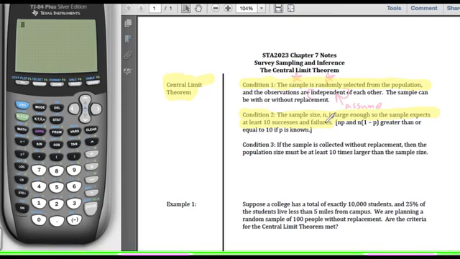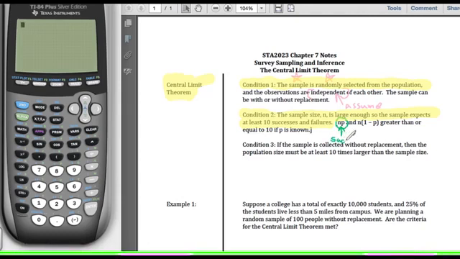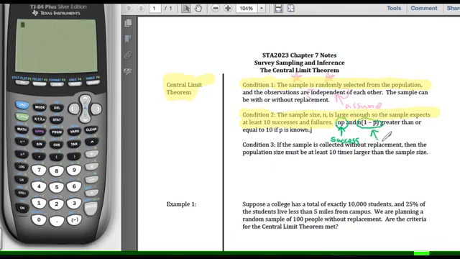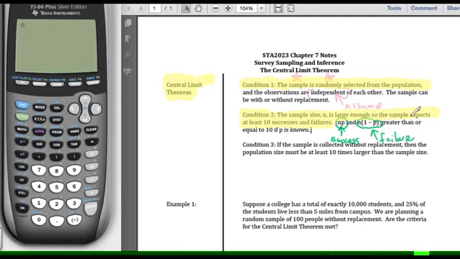We can calculate this mathematically with a couple of formulas. N times P, where N is your sample size and P is the population proportion, will give you your success number. And N times 1 minus P will give you your failure number. They need to be at least 10 or more.